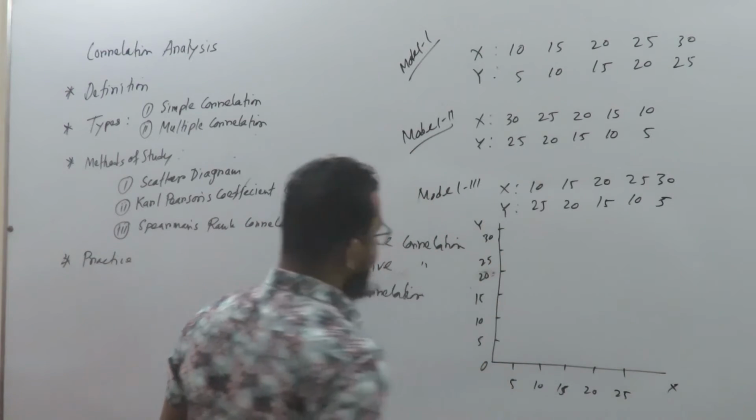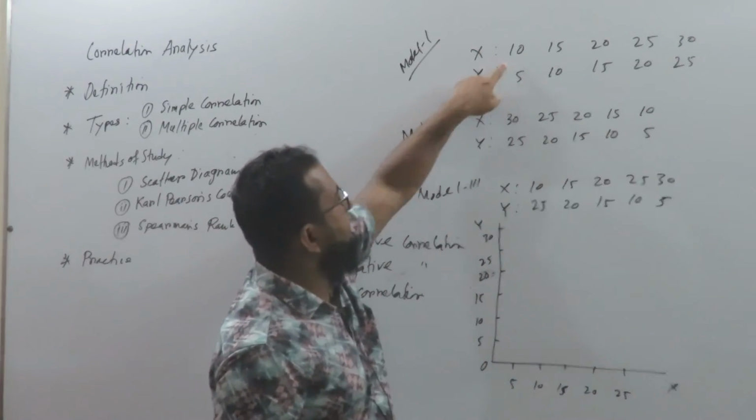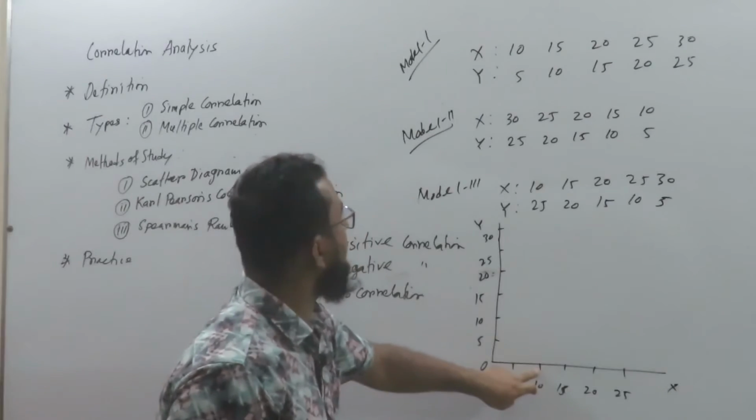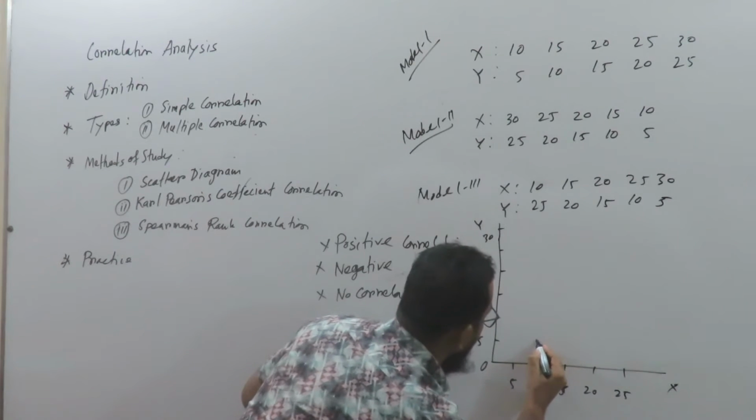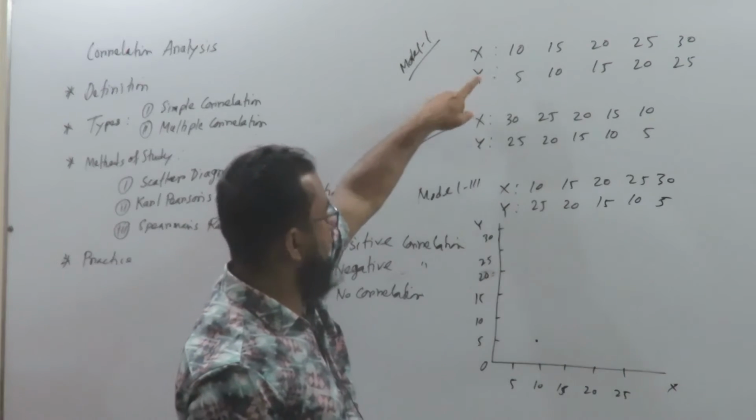When x is 10, y equals 5. So this is the position of the first variables.